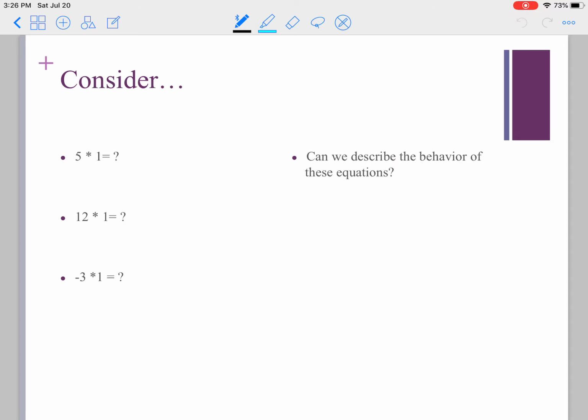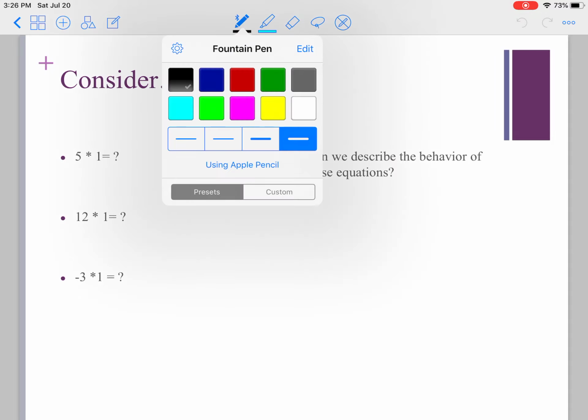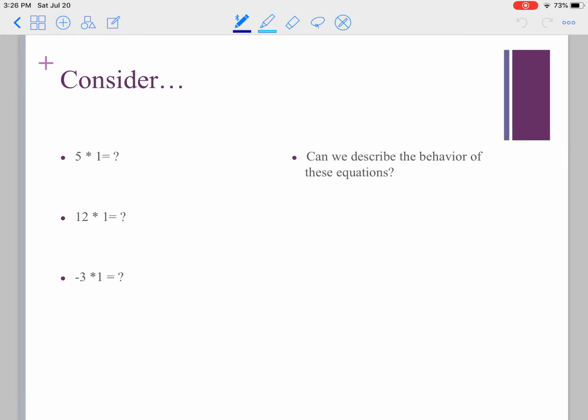Consider now 5 times 1, 12 times 1, and negative 3 times 1. I'm confident that you have more than likely determined the solution of each of these to be 5, 12, and negative 3, but can you describe the behavior of these equations?